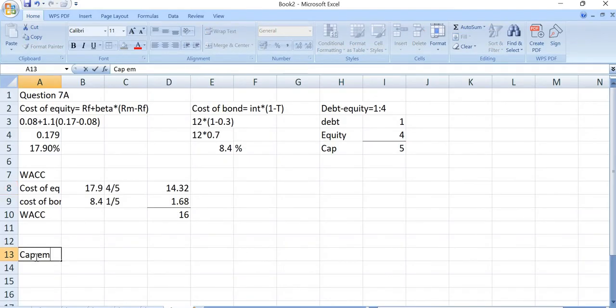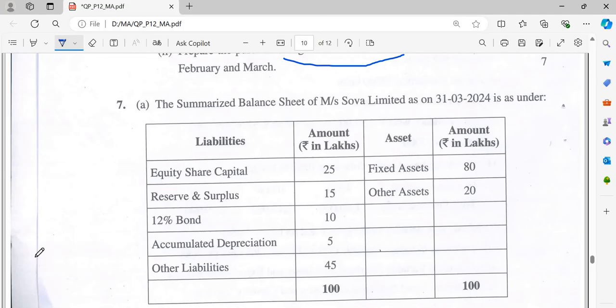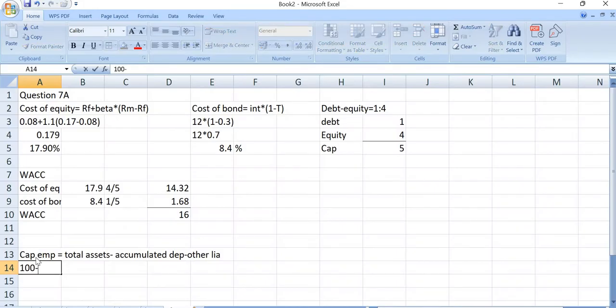So capital employed is equal to my total assets minus accumulated depreciation and other liabilities. So my total assets is 100 minus 45 minus 5, that is 50 is my total capital employed.